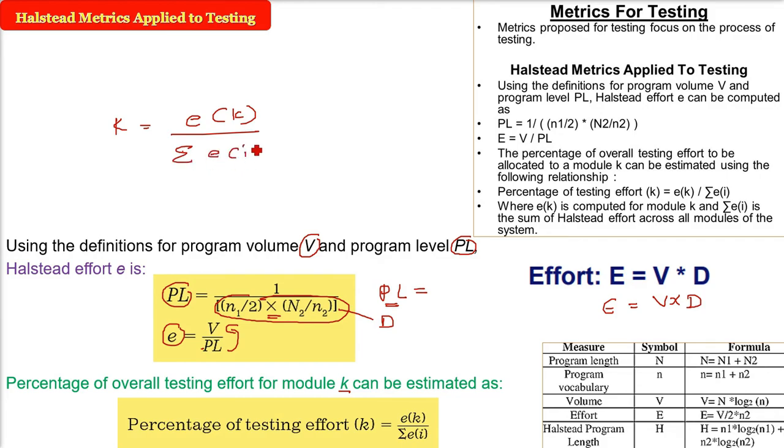The numerator is computed for module K, and the denominator, sigma EI, is the sum of Halstead effort across all modules of the system. How many modules? 10 modules, so you have to do sigma 1 to 10. And this is for the module which we are talking about. So this is the percentage of testing effort.